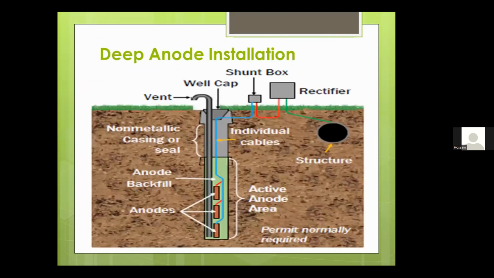The deep anode installation, if we need to protect a large structure. Here the anodes are oriented in a vertical orientation. This is the active anode area here, and the anodes are surrounded with anode backfill.